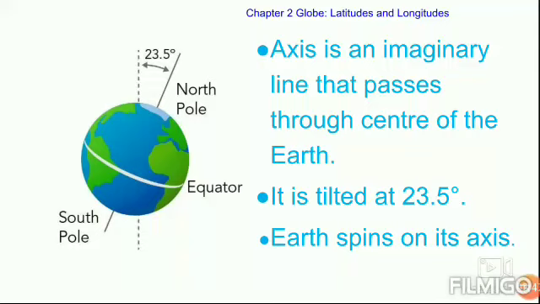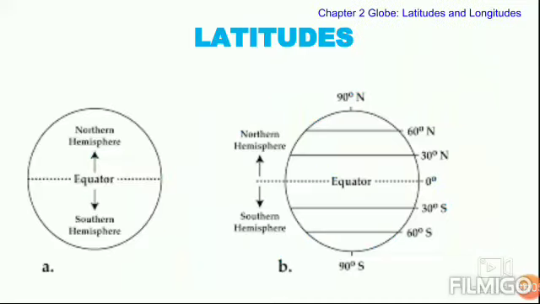So that tilt is known as the axis. And the earth is tilted at 23.5 degrees. Thus, it is an imaginary line that passes through the center of the earth and touches the North Pole and the South Pole. Now let us go with the first imaginary line, that is the latitude.